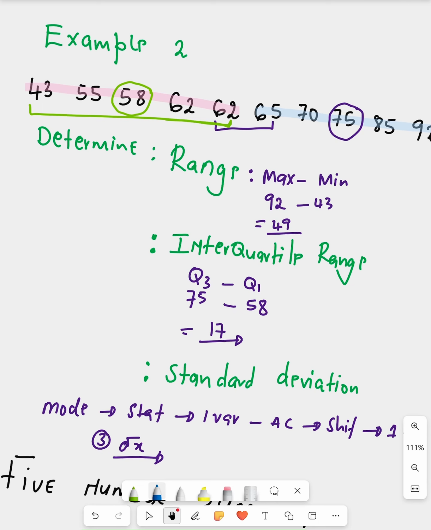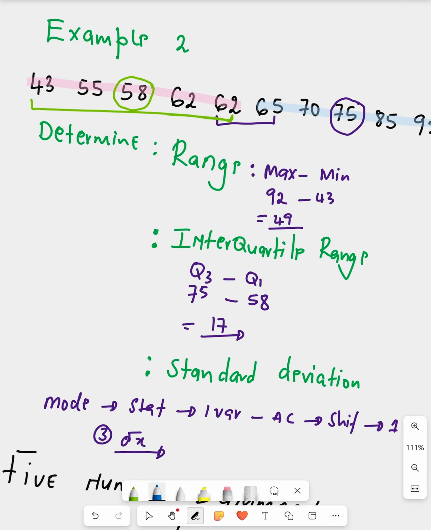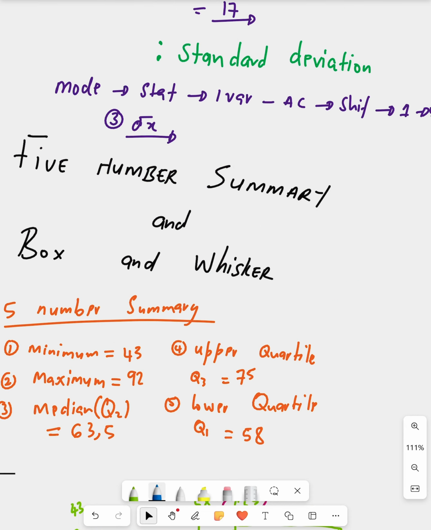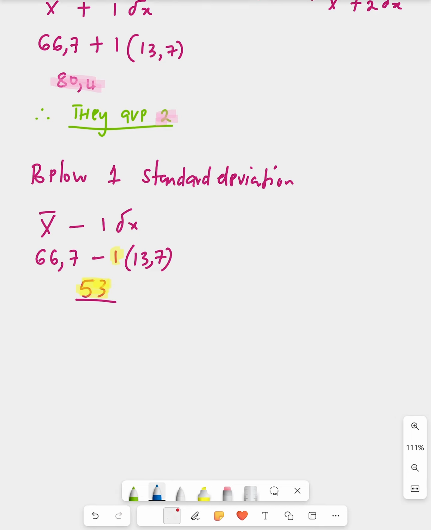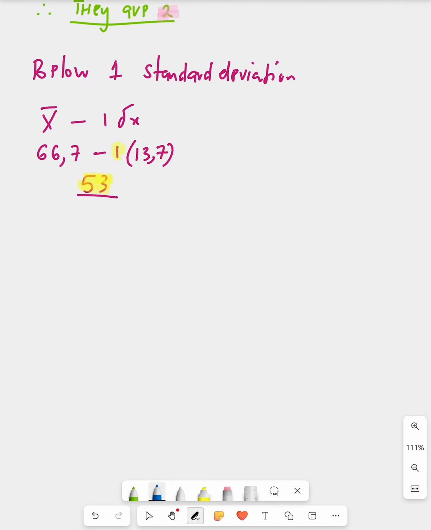Below 53, it is only one number, which is 43. That is the only number that is below 53. So that means there is only one score that is below 1 standard deviation. So the answer here is 1.